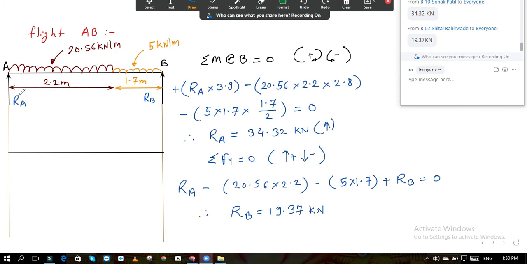Remember the thumb rule for shear force: if the force or the reaction is moving up, you should consider it as positive. If the force or reaction is moving down, you should consider it as negative. So exactly at point A there is a reaction RA which is moving up, so it is positive. And what is the value? It is 34.32. So I will plot that over here.